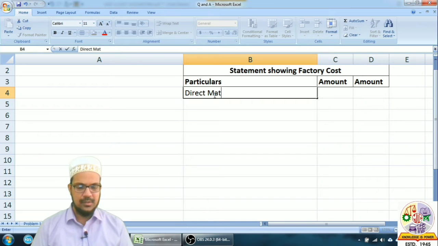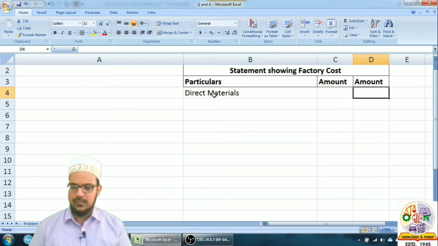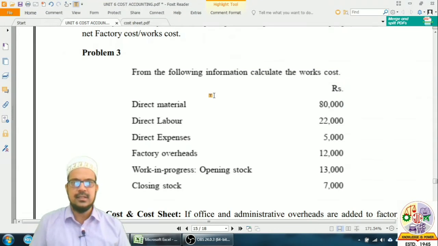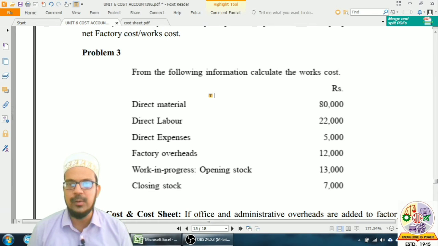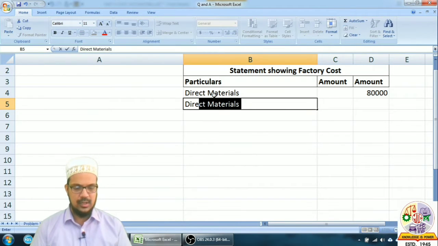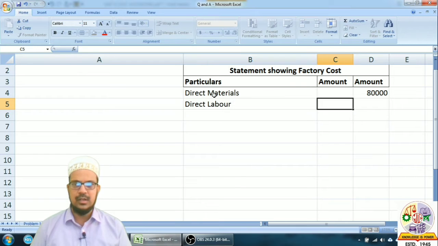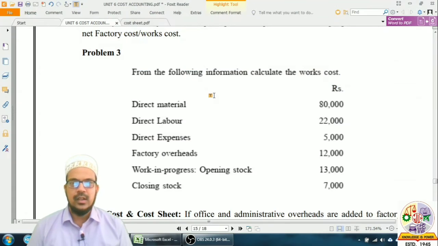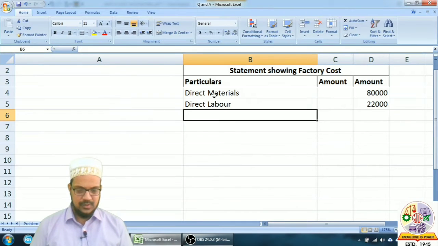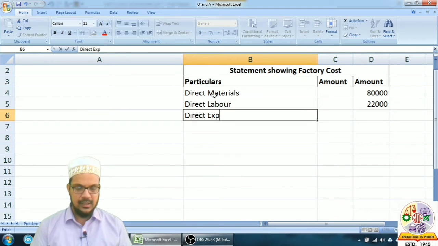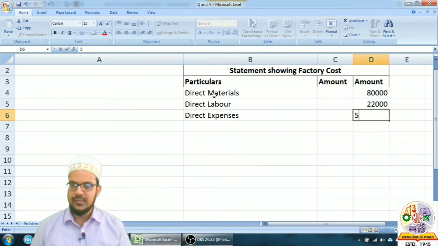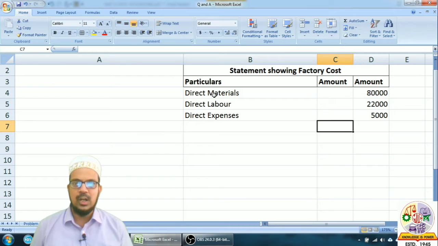Next is direct labor of 22,000. Next is direct expenses 5,000.